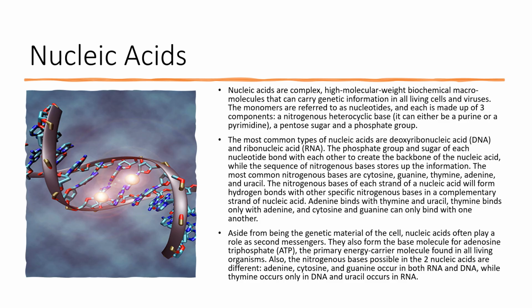Also, the nitrogenous bases possible in the two nucleic acids are different. Adenine, cytosine, and guanine occur in both RNA and DNA, while thymine occurs only in DNA and uracil occurs only in RNA.